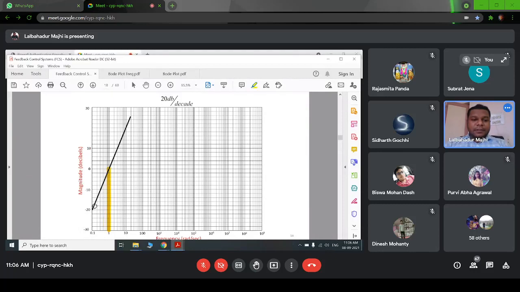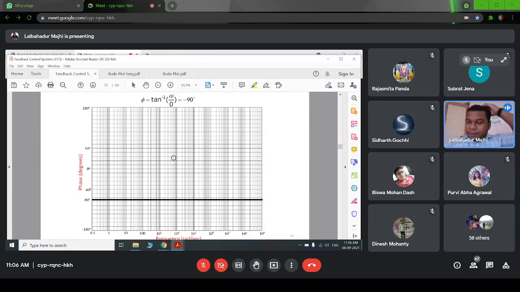This will be the slope, which is 20 dB per decade. Similarly, for a pole, the slope will be minus 20 dB per decade. So remember, for a pole the slope will be minus 20 dB per decade, and for a zero, the slope will be plus 20 dB per decade.